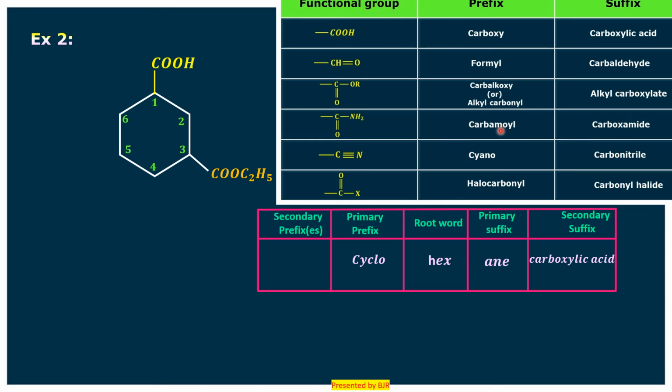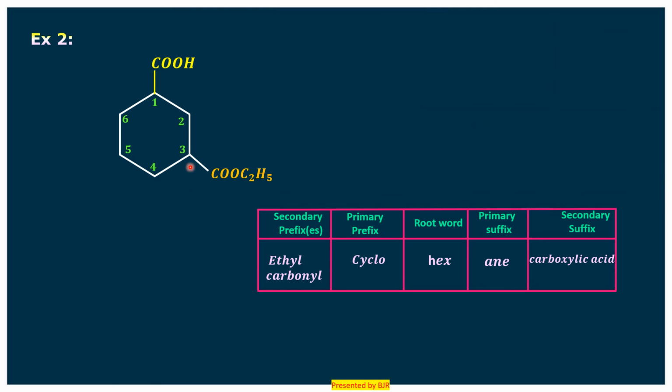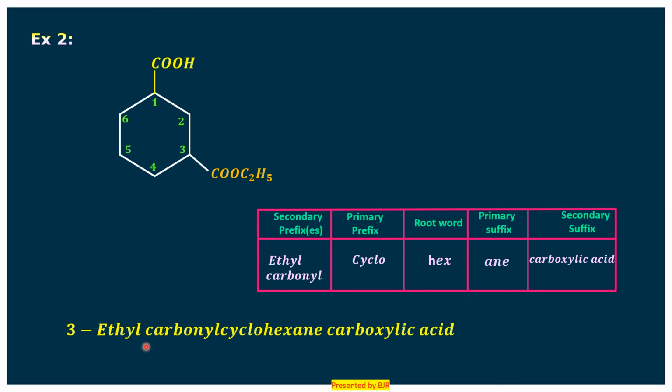Here R is an alkyl group, the ethyl group, so ethyl carbonyl. The ethyl carbonyl substituent is attached to the third carbon atom in the ring. So 3-ethylcarbonylcyclohexane carboxylic acid.